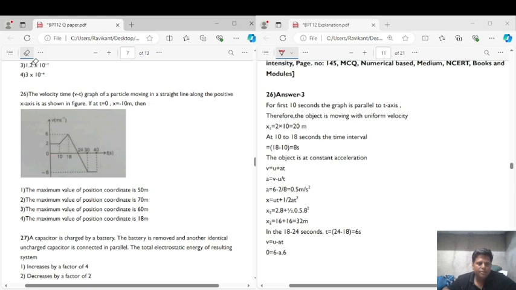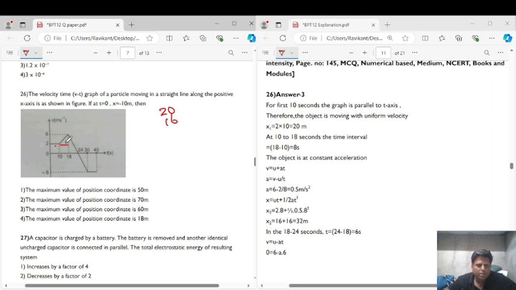For the first part, we have base is equals to 10 and height is equals to 2, it comes to be 20. Now the second part, that is this rectangle, we have base as 8 and height as 2, so it will be equals to 16.